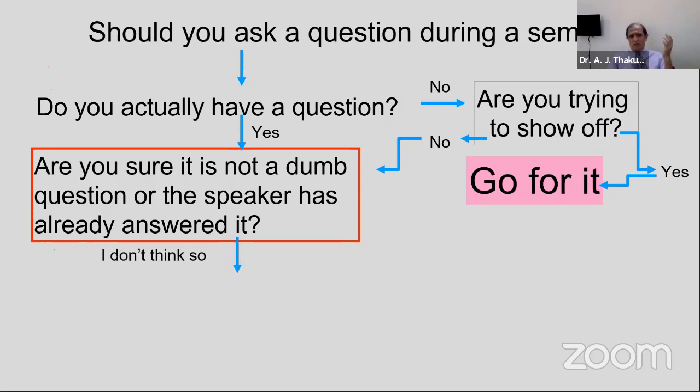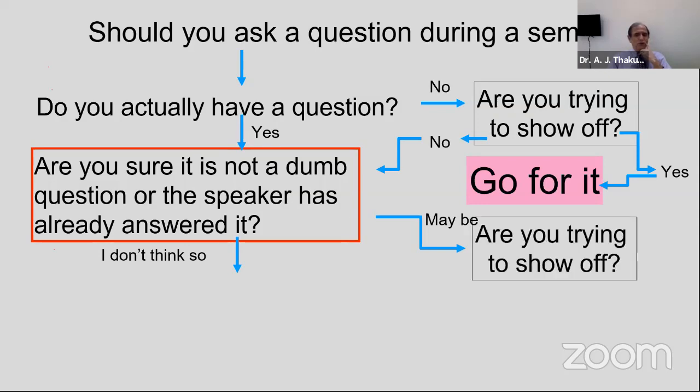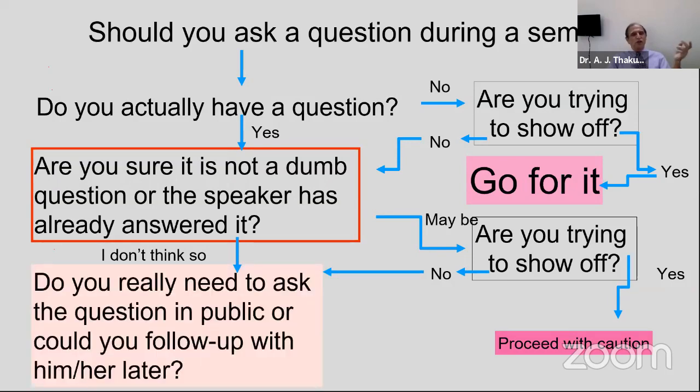A serious one will say I don't think so, but the one who wants to show off is going to say maybe, but I still want to ask. All right, do you want to show off again? Yes? All right, proceed with caution. But the sincere one will say, no, I'm not trying to show off, and I don't think it has been asked. Then, do you really need to ask that question in public, or could you follow up with him later?